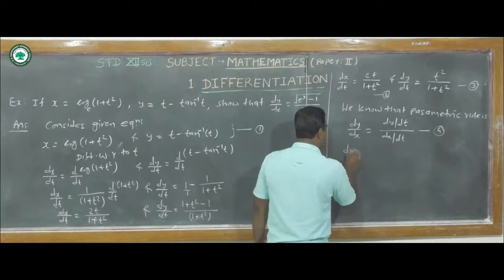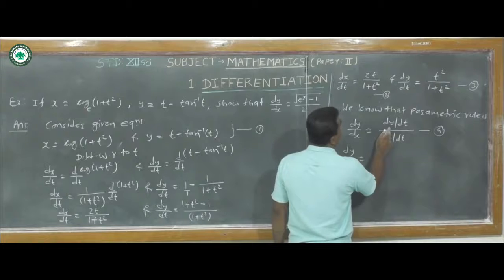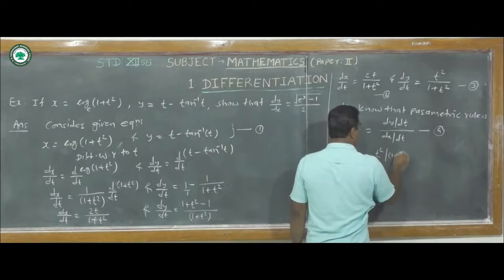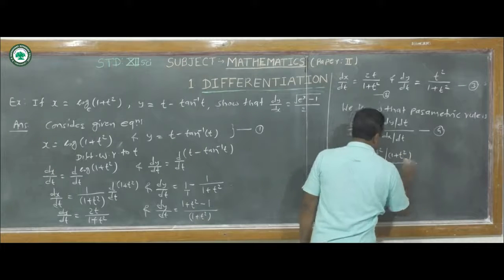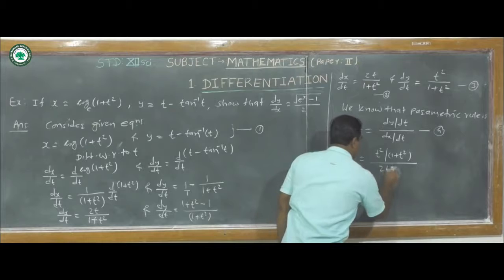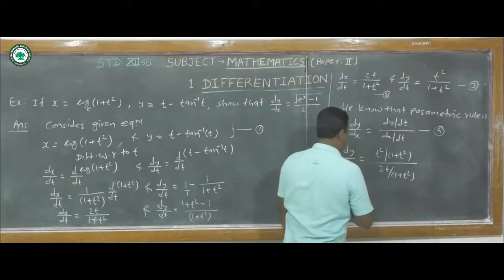We get dy by dx equal to, what is the value of dy by dt? t square upon 1 plus t square divided by the value of dx by dt, which is 2t upon 1 plus t square.